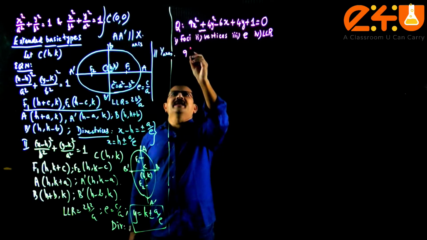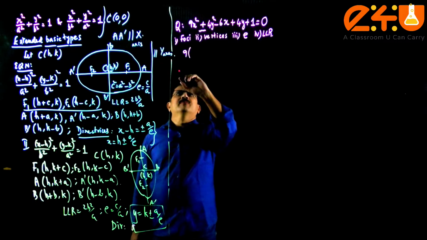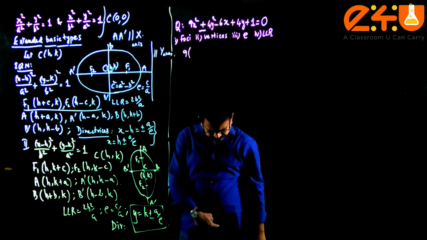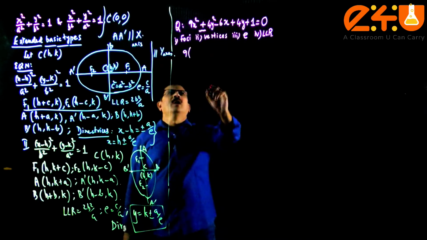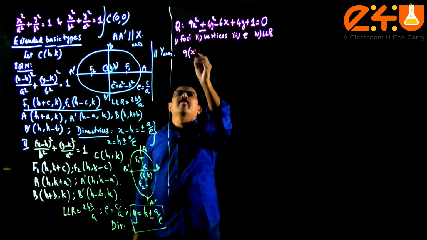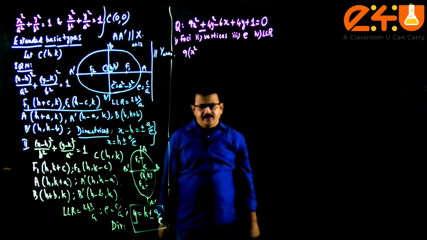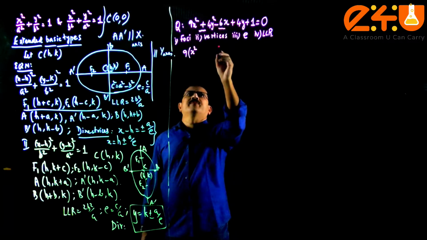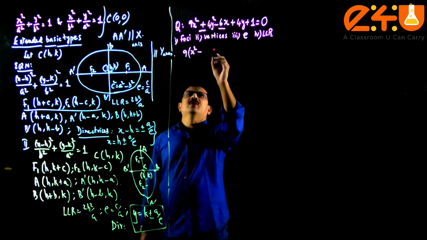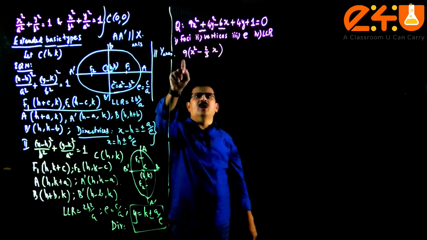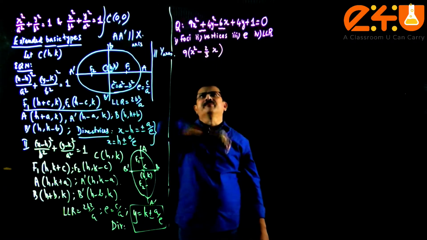What I am doing is collecting x terms. Taking 9 common, 9x², and since 6x has a minus sign, after taking 9 out I get 2 by 3.